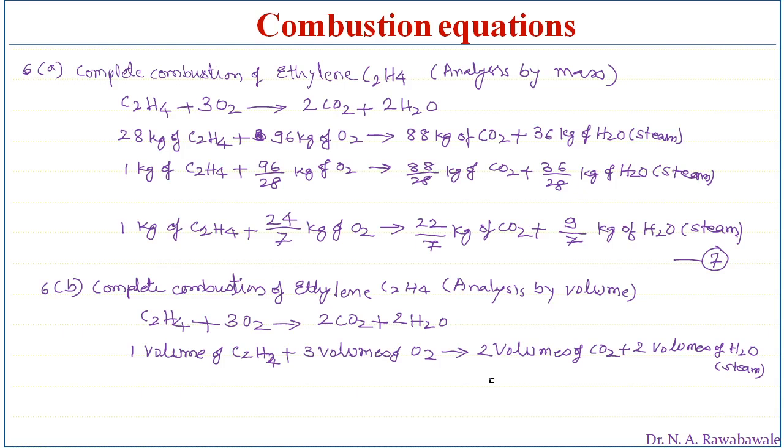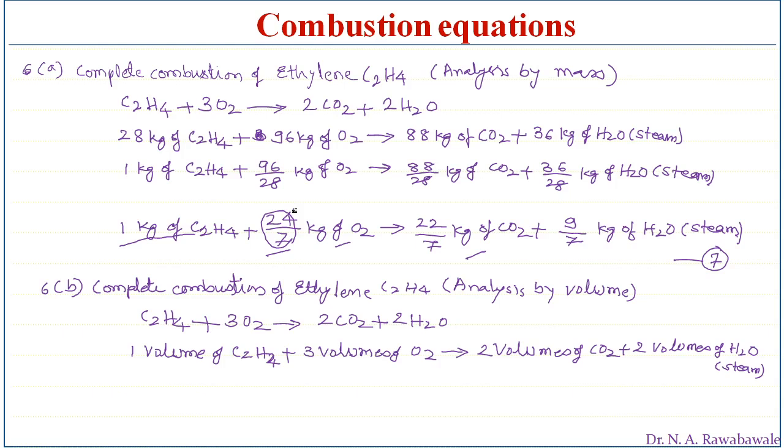Therefore, remember these equations. These equations signify how much oxygen is required for complete combustion of unit mass of the fuel or constituent of fuel. For example, 1 kg of ethylene requires 24/7 kg of oxygen for its complete combustion. This quantity of oxygen required is helpful to find out the minimum quantity of air required for combustion of fuel.